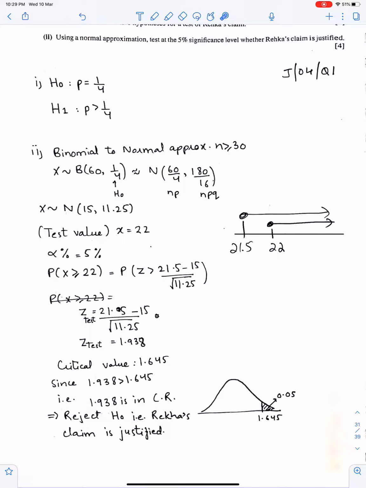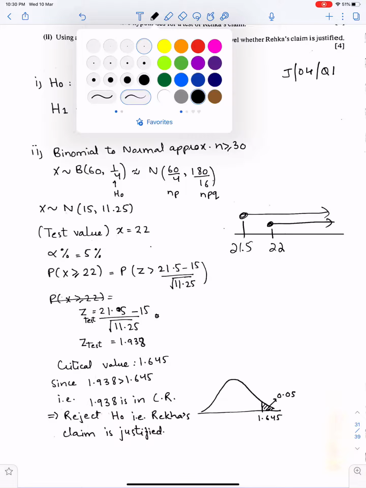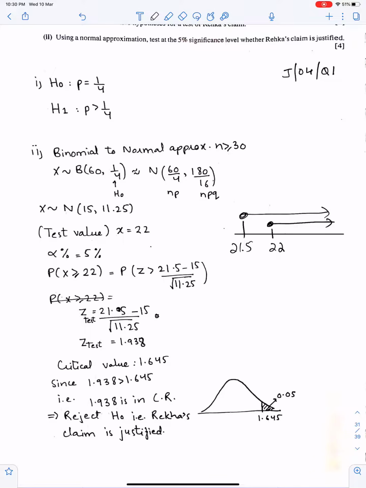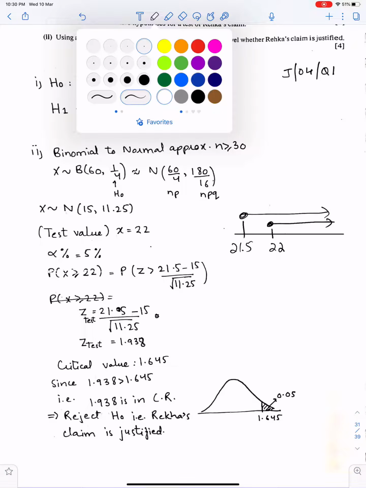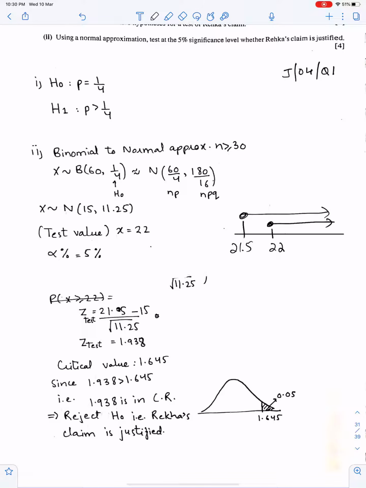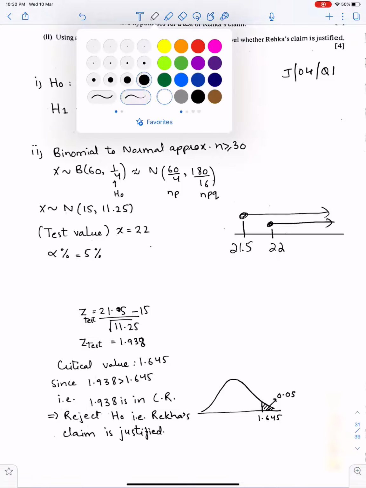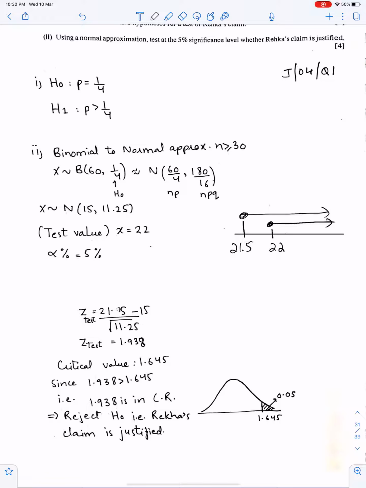You don't need to calculate this probability, you just need to calculate the z-test. I solve all questions of this chapter through z-test. So I'm erasing this part. That method is perfectly fine, but the method which I use is simple and less time consuming.